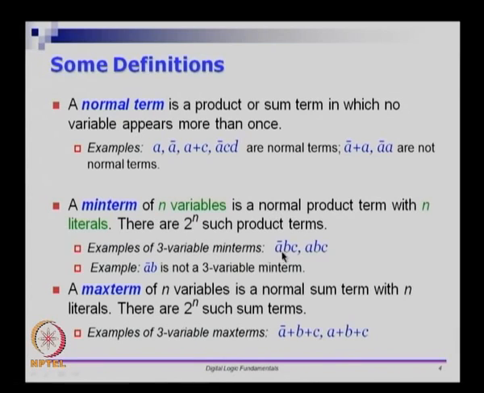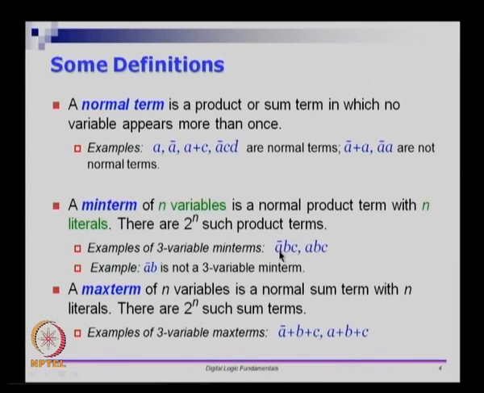Let us see examples. A bar bc: if I say that a bar bc is a 3 variable min term on a, b and c, let us see why. First of all, if it is a 3 variable term, I should have 3 variables in it. So, I have a, b and c. What are the literal forms?